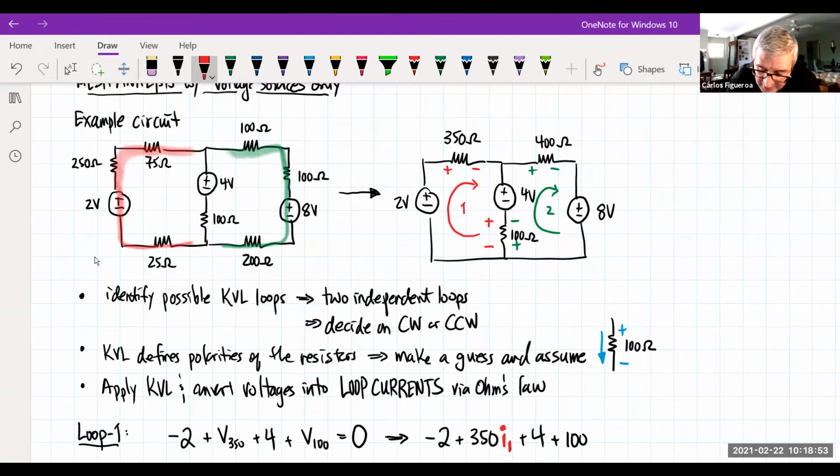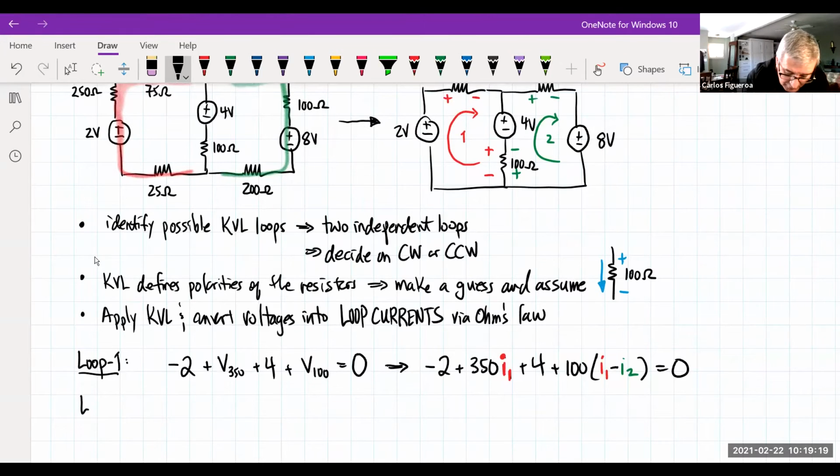So you could see that the I1 is going with what I assumed is the current through the 100. So I'm going to put plus I1, and then the green current, I2, is going in the opposite direction. So I got to put in here a minus sign. And that's my KVL loop right there.